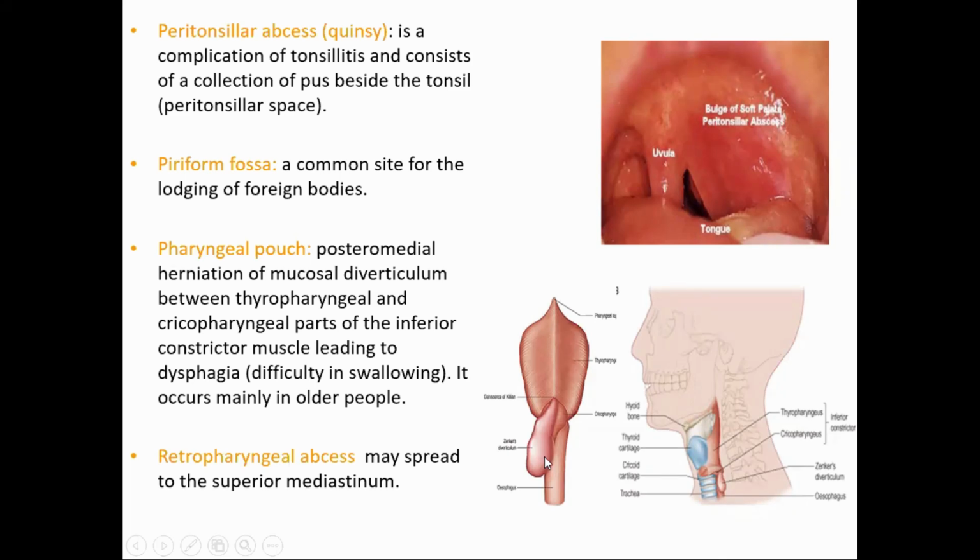That Zenker's diverticulum will compress the esophagus, which results in dysphagia, and it mainly occurs in older people. Dysphagia means difficulty in swallowing. Understood what is Zenker's diverticulum? The mucosal herniation of the diverticulum posteromedially presses the upper part of the esophagus, leading to dysphagia. That condition is called Zenker's diverticulum or the pharyngeal pouch.